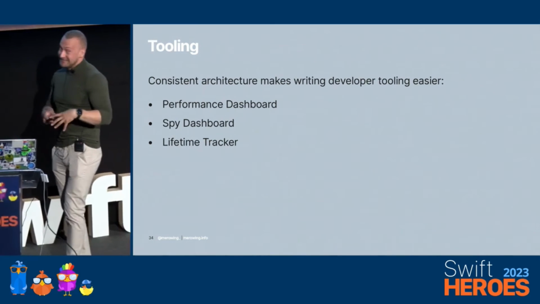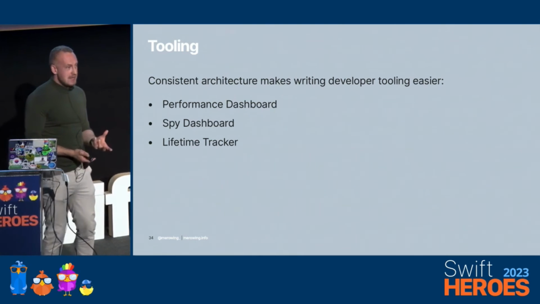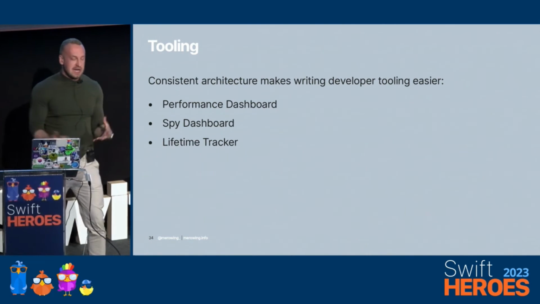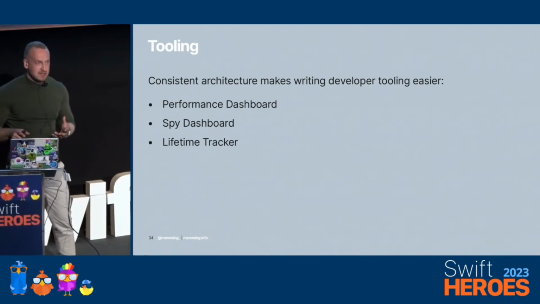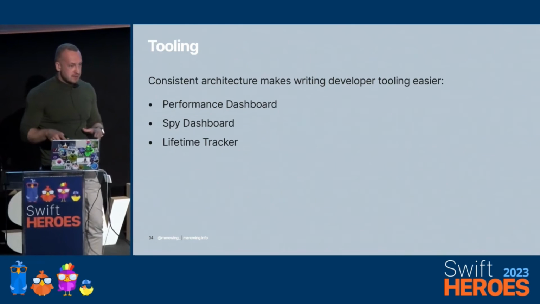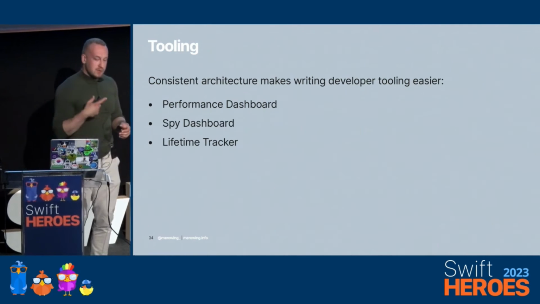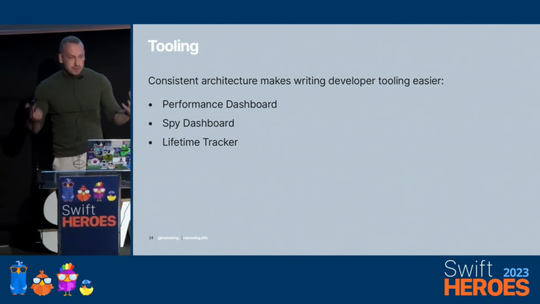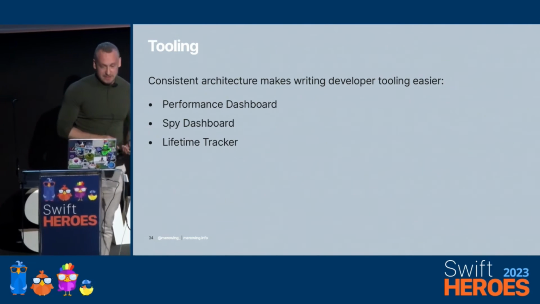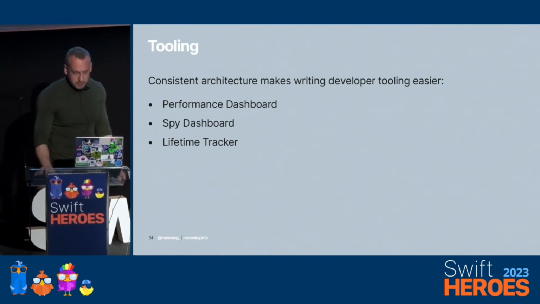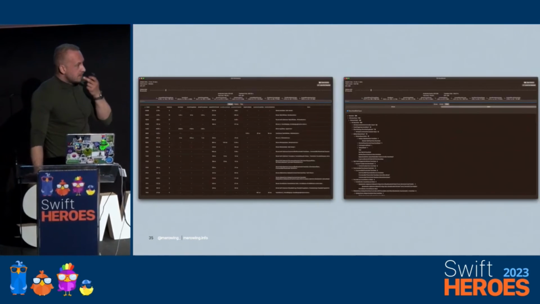Unfortunately, that is actually not the case in larger code bases, because once your state starts growing very heavily, you have so many side effects and so many nestings of reducers that it's really hard to reason about what's going on in the application. So to be able to do that, I built a bunch of tools that let me track this stuff. With tools, you can do it, but with the vanilla implementation, it's really hard to follow. So one of the tools that I built is a performance dashboard.